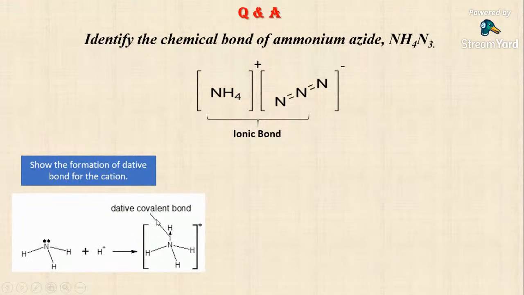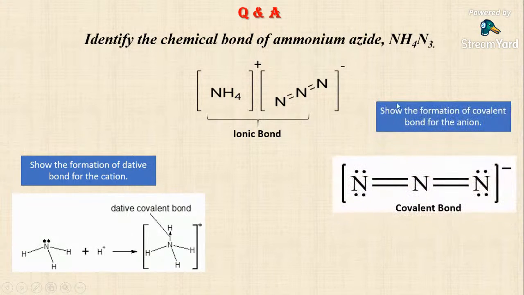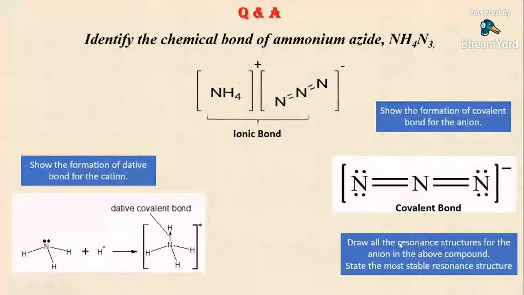Another question may ask you to show the formation of covalent bond for the anion. Since there are double bonds for the central atom, it can form resonance. That's why the question can further ask you to draw all the resonance structures for the anion in the above compound and state the most stable resonance structure.